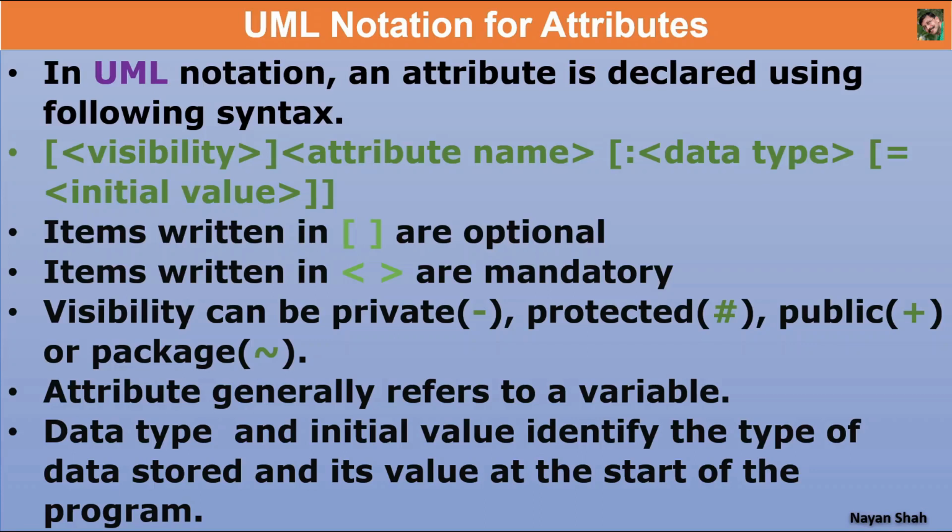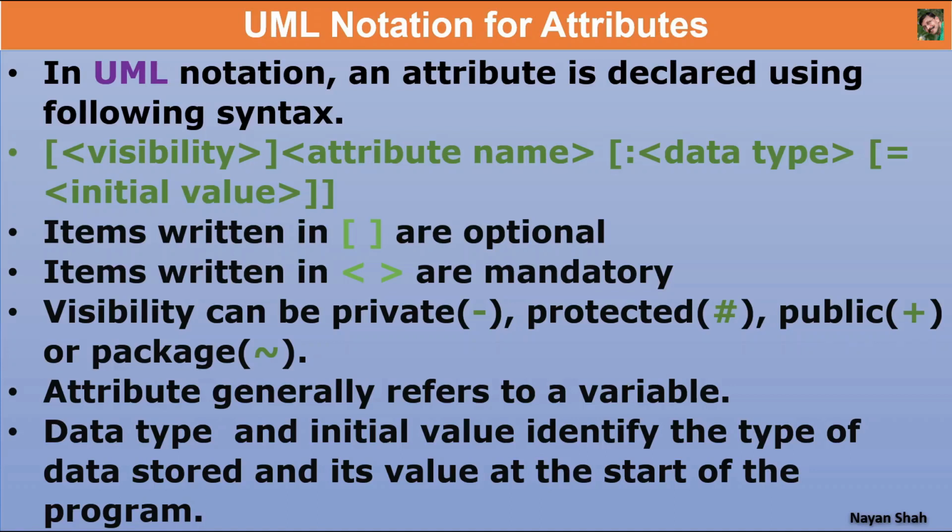Visibility can be private, protected, public, or package, indicated by symbols like the minus sign, hash symbol, plus symbol, or tilde symbol, respectively, for private, protected, public, and package visibility.